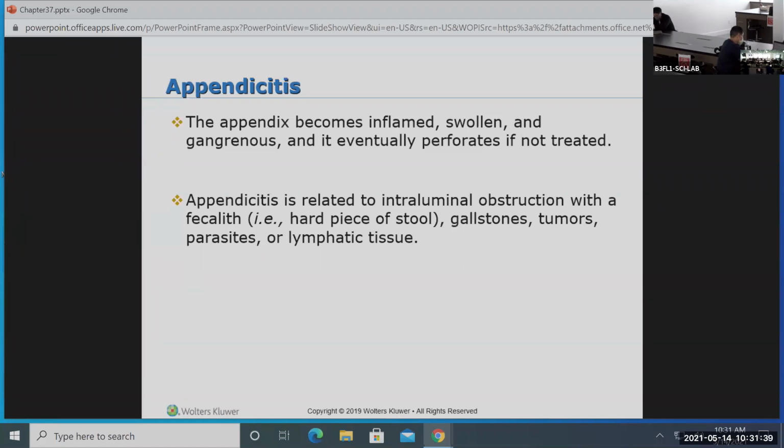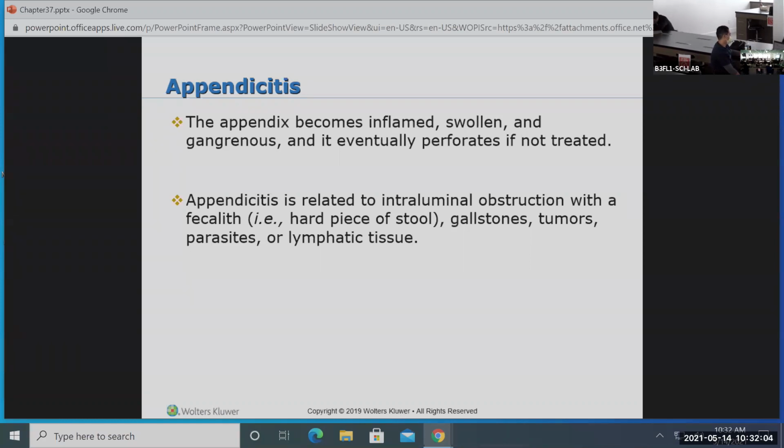Normally, the fecal material goes in and out of the appendix. They go into the appendix, they come out into the cecum. In some cases, the stool becomes impacted in the appendix, and that gives bacteria the upper hand. They multiply because the fecal material is impacted over there, and that causes inflammation.